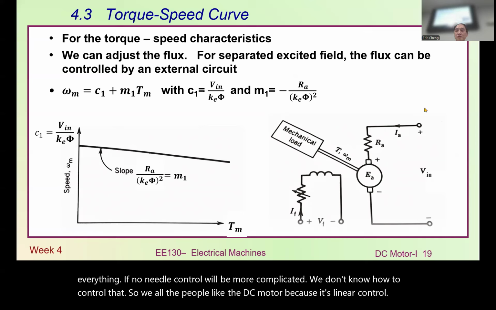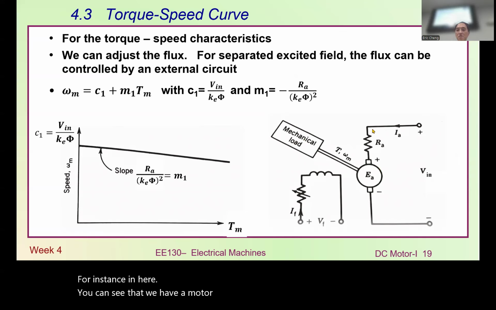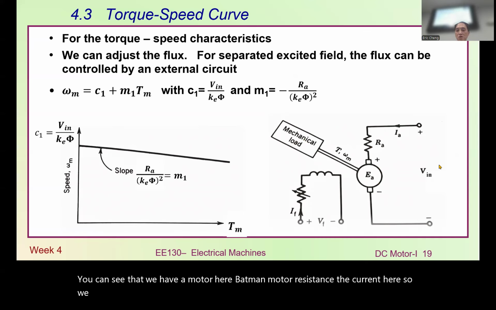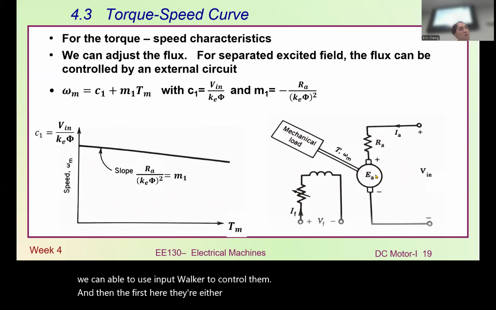For instance, here you can see that we have a motor, back EMF, motor resistance, and the current. We are able to use the input voltage to control them. And for the flux, they either use a PM to provide the magnetic flux for the motor, or we can use a coil to produce the magnetic flux.